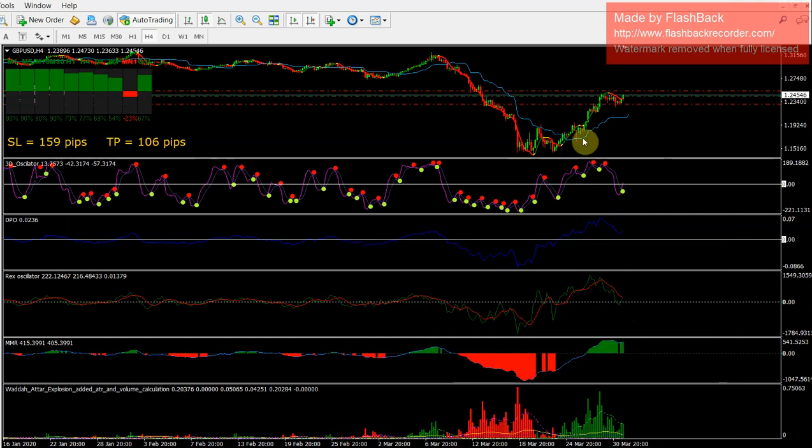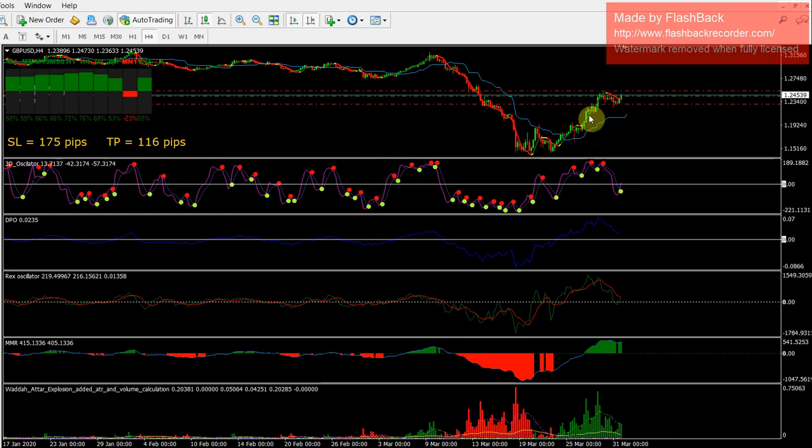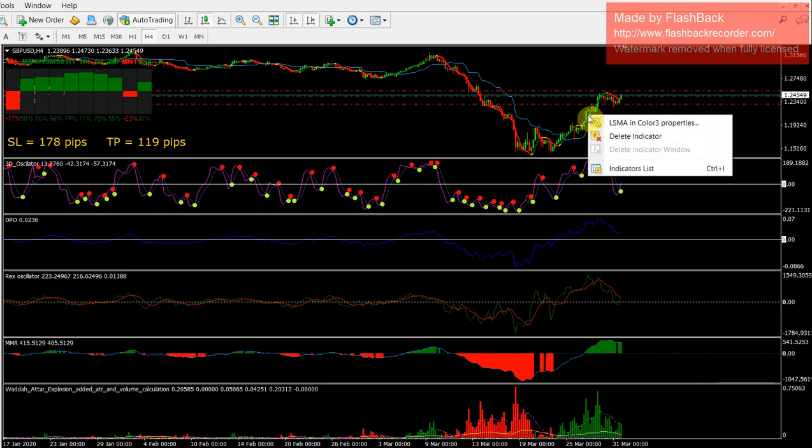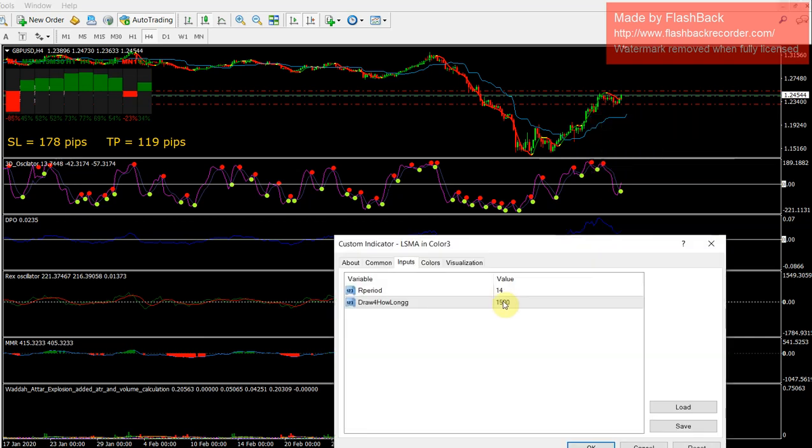Then I have an LSMA, which is like a linear simple moving average, which is a really cool indicator. And that is on the 14.